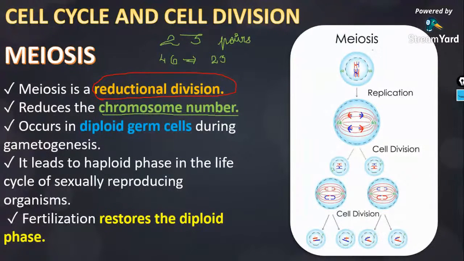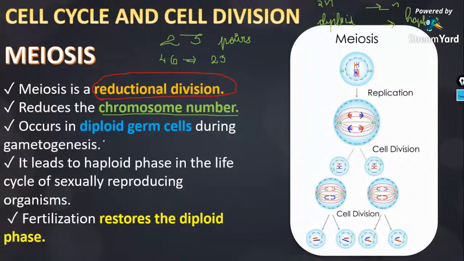That is, from diploid to haploid, or 2n to n. Anyway, we can say that meiosis reduces the chromosomal number.